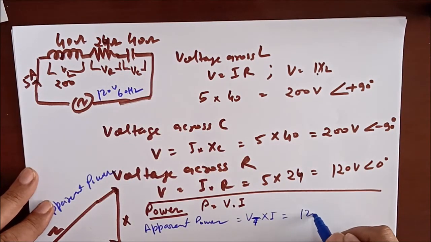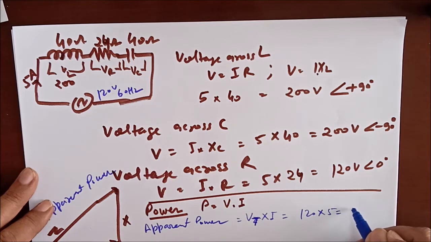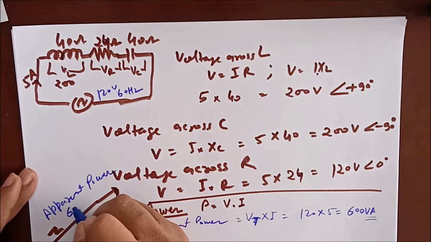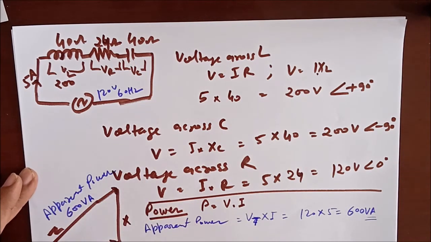So 120 voltage into 5 is equal to 600 VA, because the unit of apparent power is VA. 600 VA is apparent power.